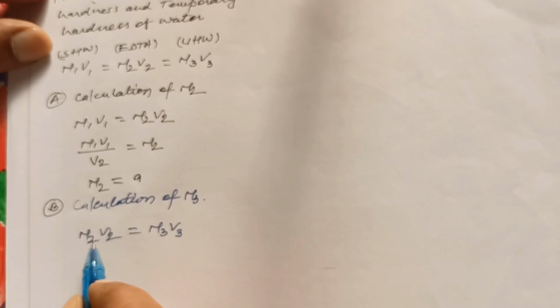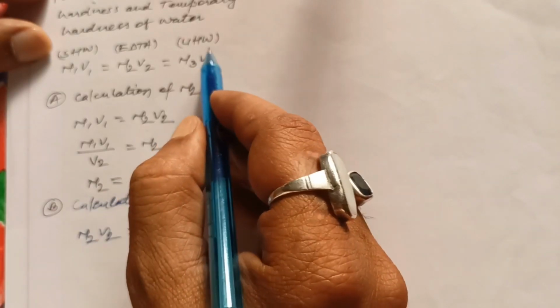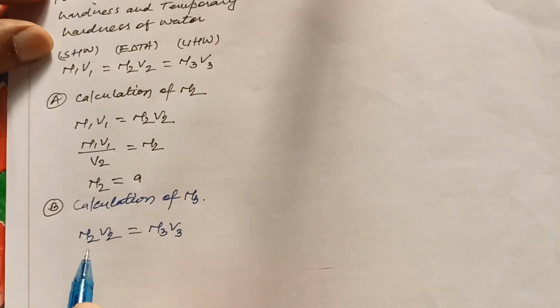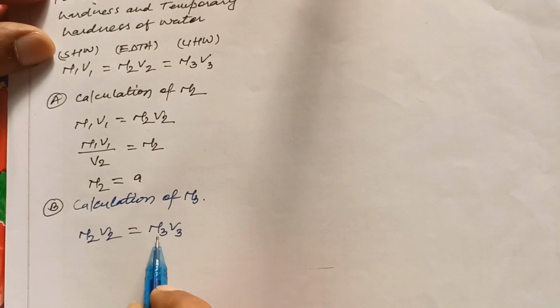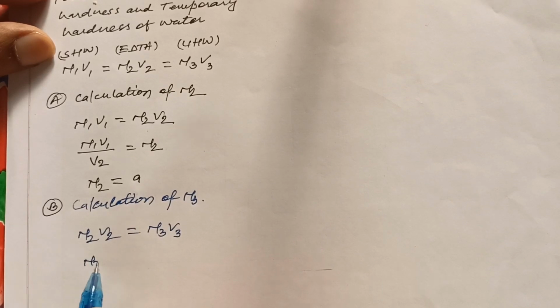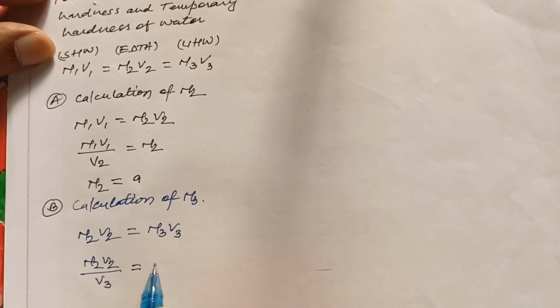This N2V2 is for EDTA and this N3V3 is for the unknown hard water sample. So we can calculate this N3. N2V2 divided by V3 is equal to N3. Suppose we get a value of N3 is B.